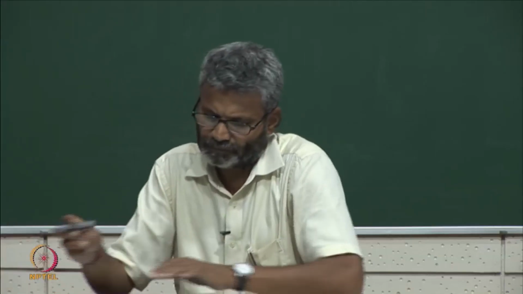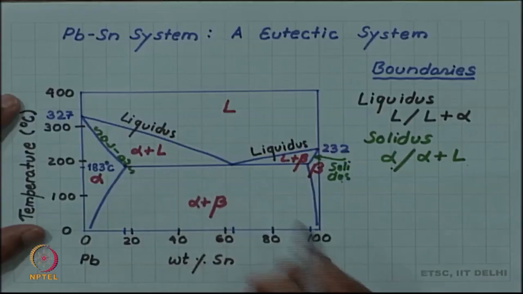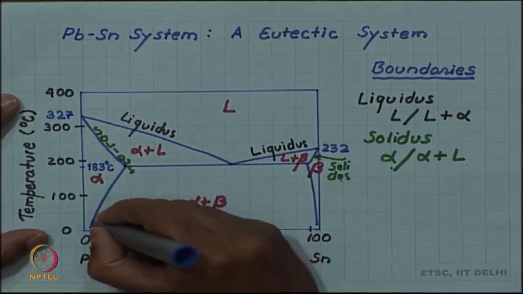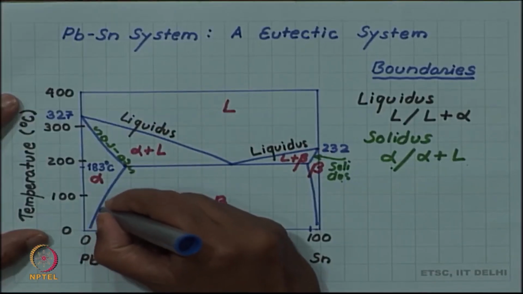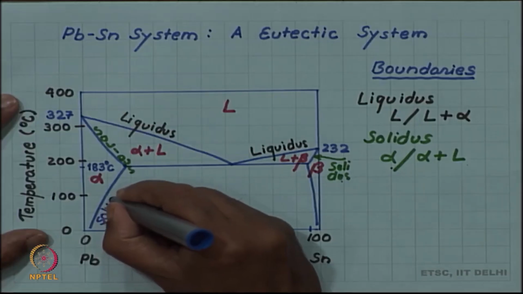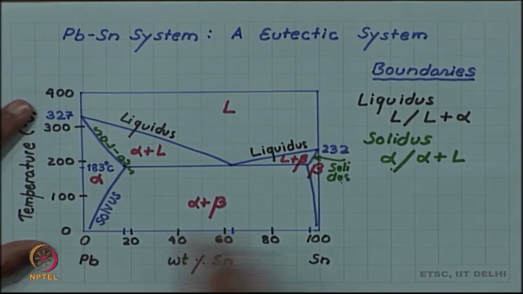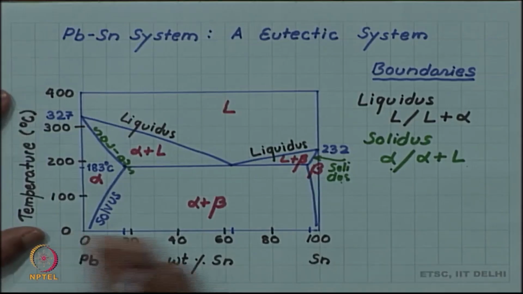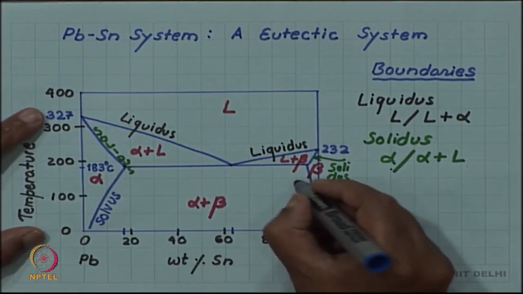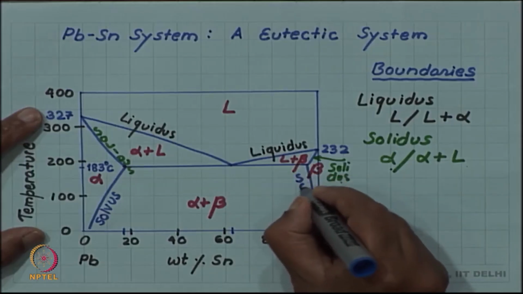And finally, you have here these extra lines, extra in the sense of in comparison to the isomorphous system. They were not there because you had a single solid phase, but now you have two solid phases. So, there are boundaries which are delineating that.